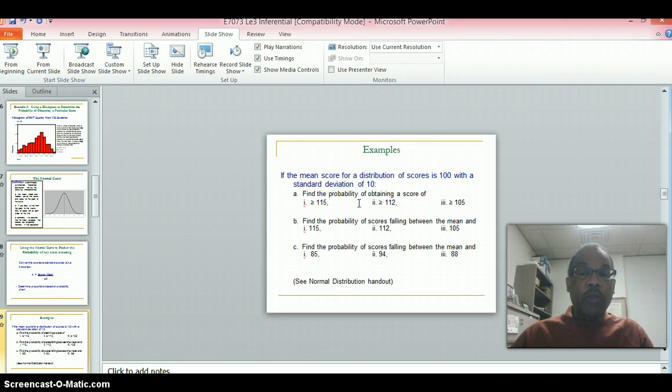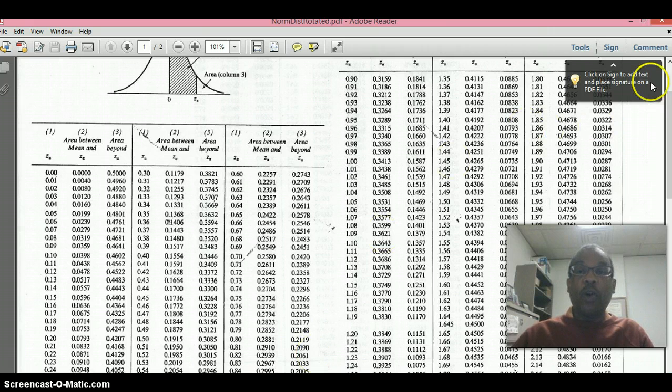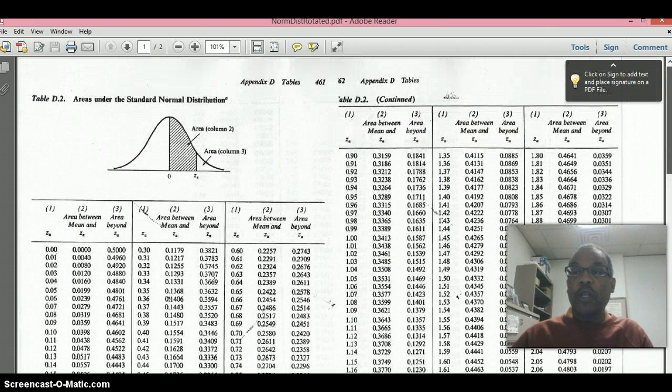We will be camping out there for a little bit, and it looks kind of like this, either the notes or the PowerPoint presentation. You will also need a handout I gave you called the normal distribution. It looks something like this. You will need to have that handy.